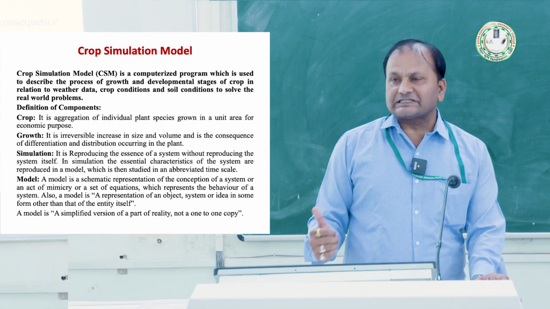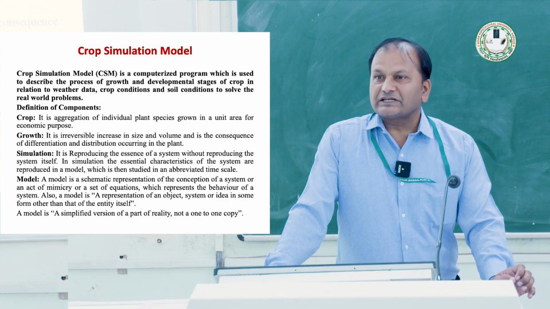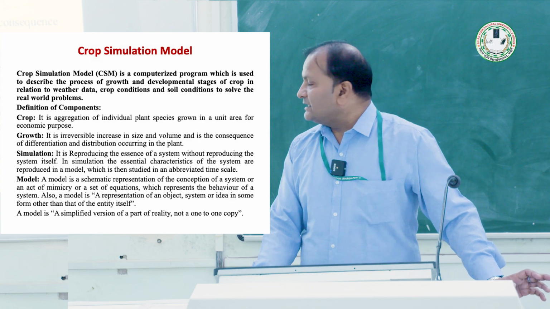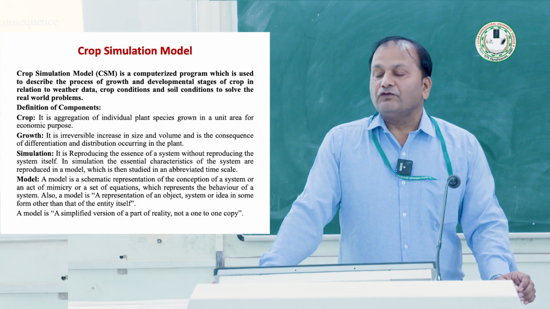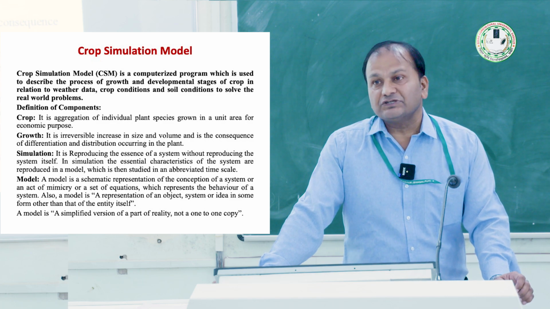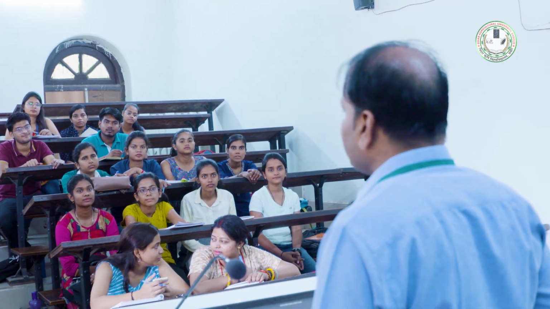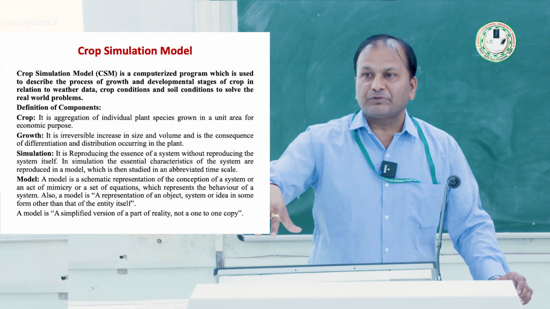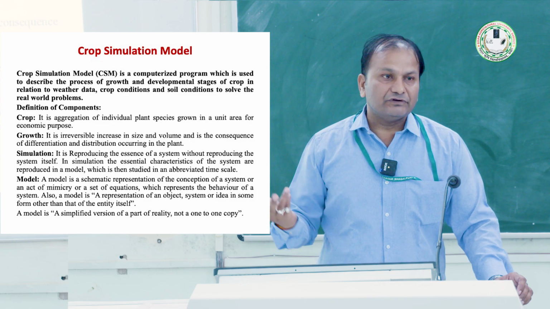Step by step we will learn what a crop is, what growth is, what simulation is and what a model is. Here, a crop is an aggregation of individual plant species. Anyone say, what is a crop? A crop is an aggregation of plant species grown in a unit area, meaning per square meter, per hectare, per acre, any unit.